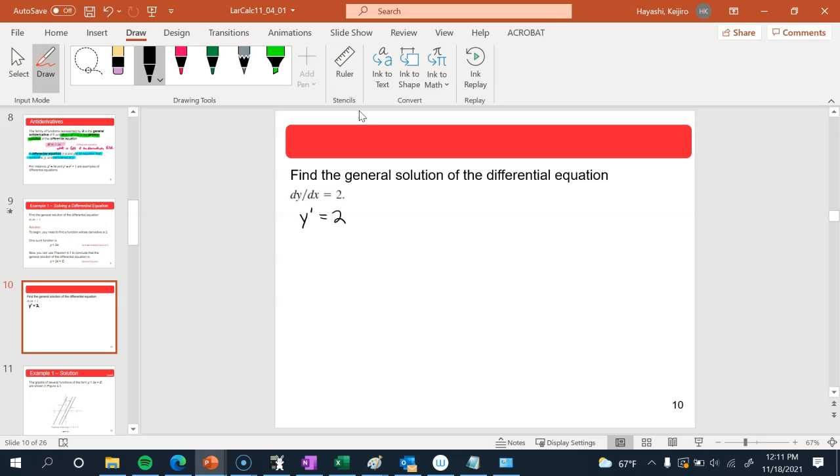So what function, if you take the derivative of it, is going to give you 2 as its derivative? Yeah, 2x. So the general solution to this is y equals 2x. That is the original function that this derivative came from.